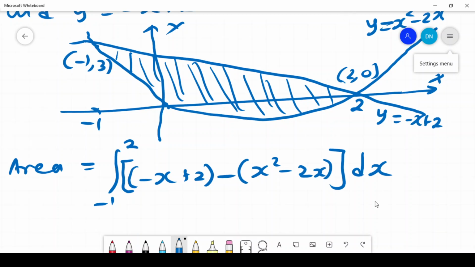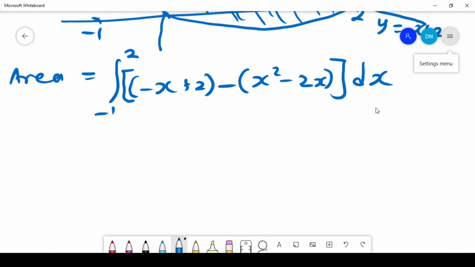And that takes us to the next step, which is negative 1 to 2.